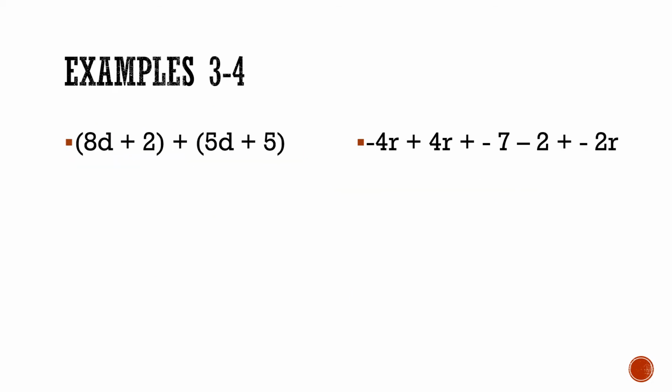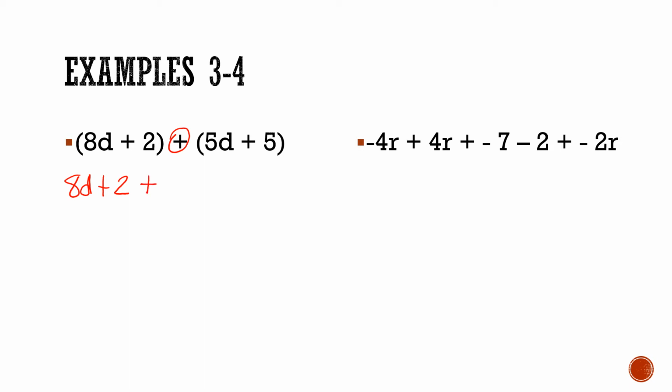Okay, pause your video and do examples 3 and 4. So we always just bring down whatever is in this first set of parentheses. So 8D plus 2. We have a plus sign here, which is a good thing. That means we don't have to distribute a negative.